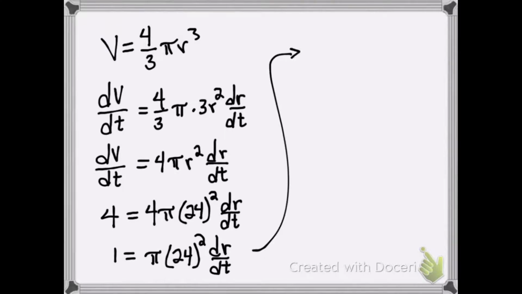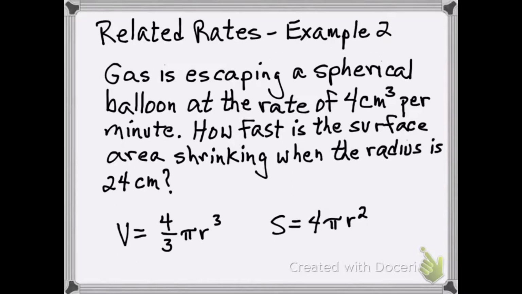Then we can rewrite this as dr/dt is equal to 1 over pi times 24 squared. Okay, so that's a good result so far, and we're going to use that on our next slide, because the question asked how fast is the surface area shrinking when the radius is 24 centimeters.